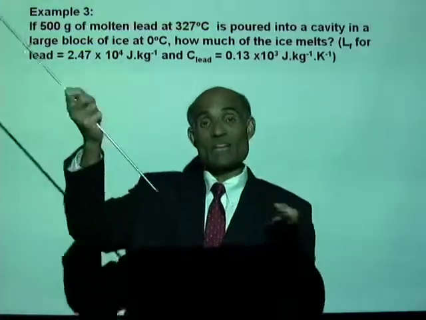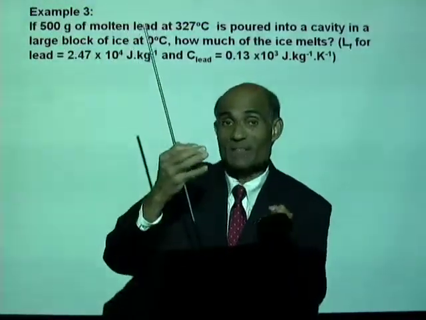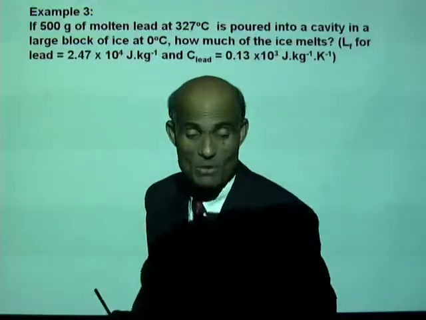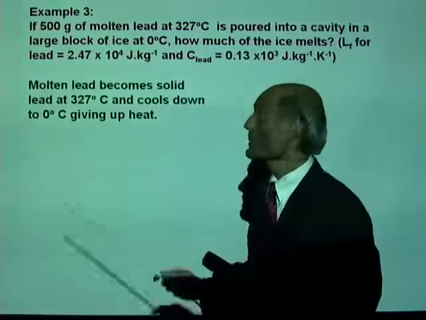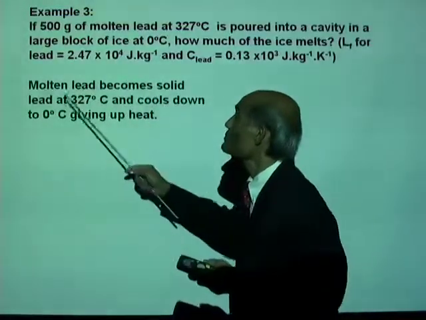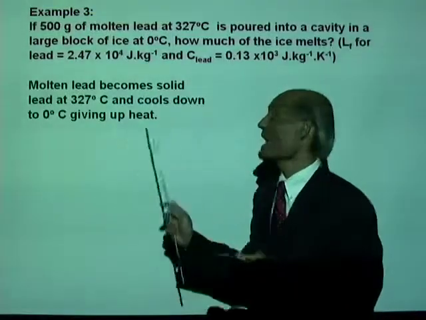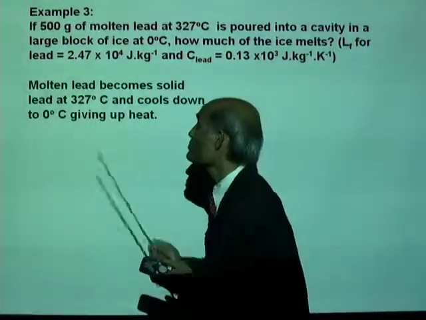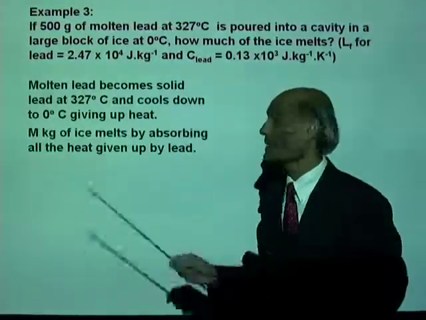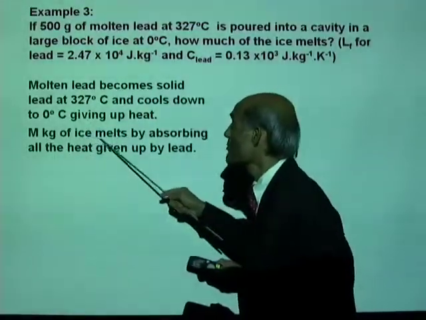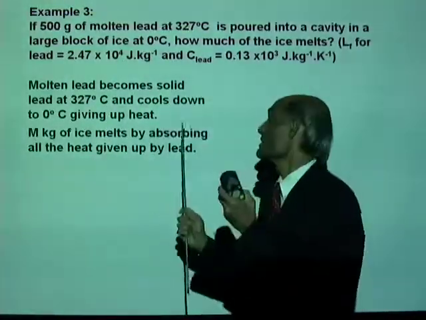You see? And you can now equate the two. The amount of heat lost by lead equals the amount of heat gained by ice. Molten lead becomes solid lead at 327 degrees Celsius and then cools down to 0 degrees Celsius, giving up its heat. Then m kilograms of ice melts by absorbing all that heat given up by lead.